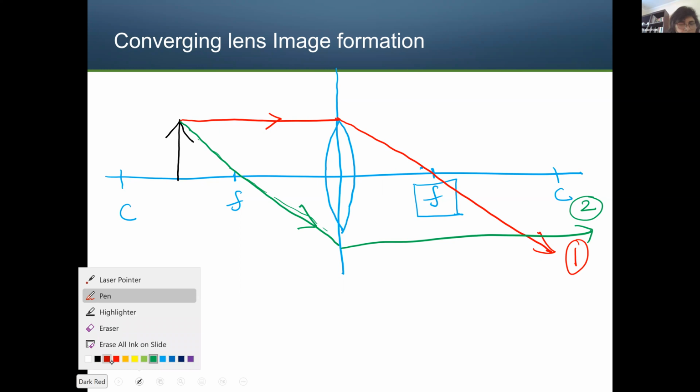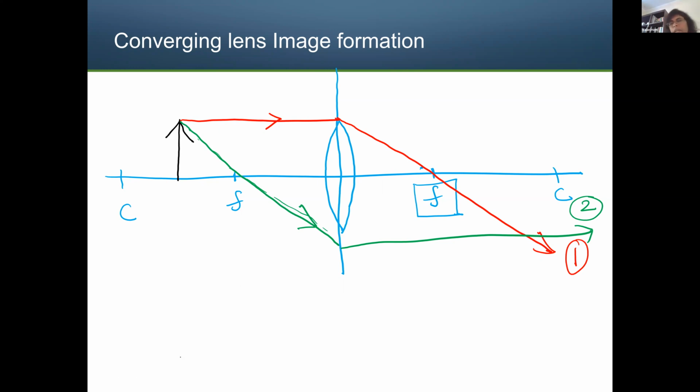Okay. And then our third one is easier. The third one goes through the vertex point and just continues. Okay, so my drawing seems better this time. You keep continuing, and that will be your ray number 3, right?